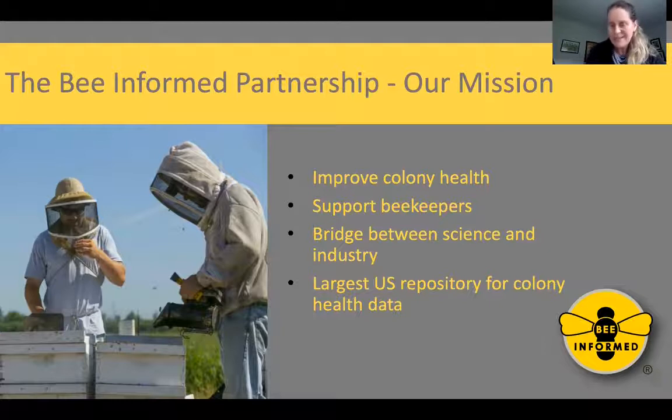One in Texas, California, working with mainly California queen breeders, but also other beekeepers in the Pacific Northwest, covering Oregon, Washington, Idaho, and Montana. In the Minnesota region, they go through Minnesota as well as North Dakota. We also have a field specialist in the Great Lakes region covering Wisconsin, Michigan, as well as New York.